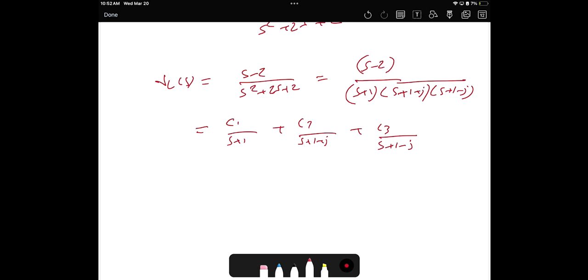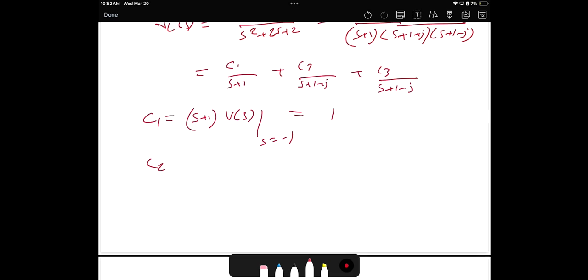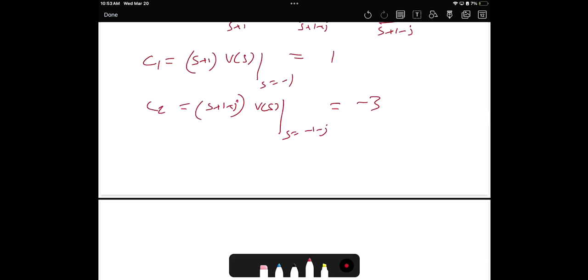Then when we calculate C, C1 will be (S plus 1) times V of S when S equal to negative 1, this will be 1. Then C2 will be (S plus 1 plus J) V of S when S equal to negative 1 minus J, this will be negative 3. Then C3 will be (S plus 1 minus J) times V of S when S equal to negative 1 plus J, this will be another negative 3.